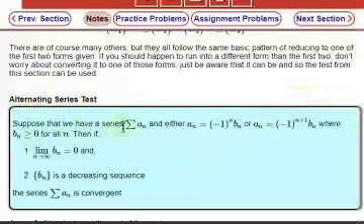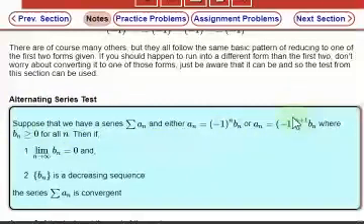Suppose that we have a series, the sum of a_n, and a_n is like this. So here b_n are positive quantities, right? Look at this here. For all n, this is non-negative, right?